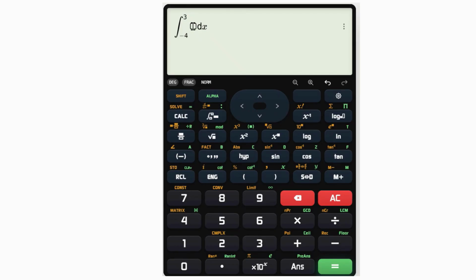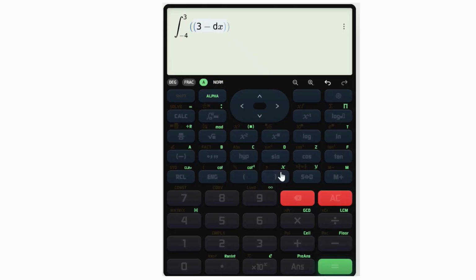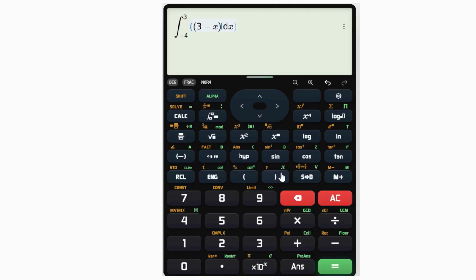And please use the proper brackets. Open the bracket 3 minus x, close the bracket, minus, open the bracket, x square minus 9, close the bracket. So your answer is 343 divided by 6.